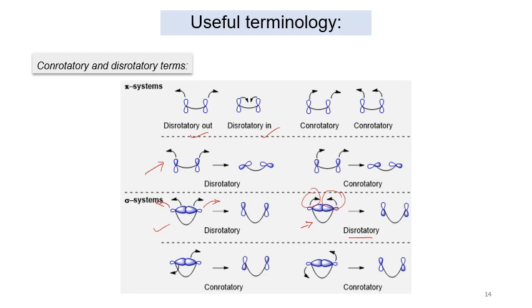For a sigma system, if the bond is breaking and the lobes are going out in similar senses, either in the clockwise or counterclockwise direction, then it will be a conrotatory process.